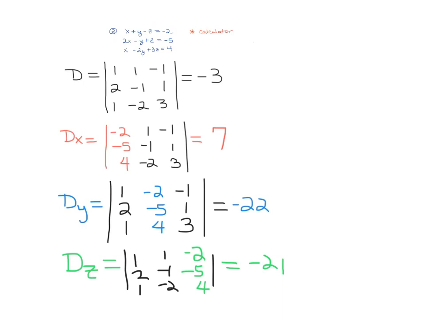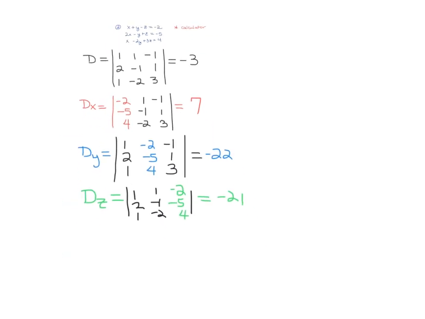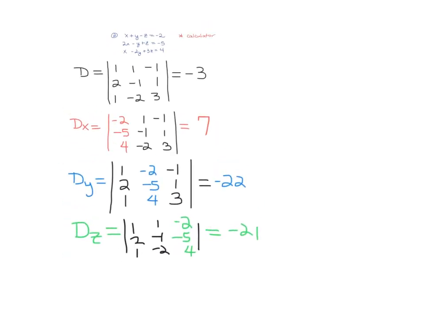Once you get these values, now we're going to divide them, each one, by the original D. So again, to get x, I could do it next to it. So x is going to be Dx divided by D, which gives me 7 divided by -3, which is just -7/3.